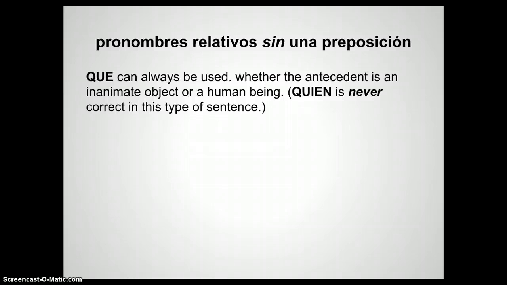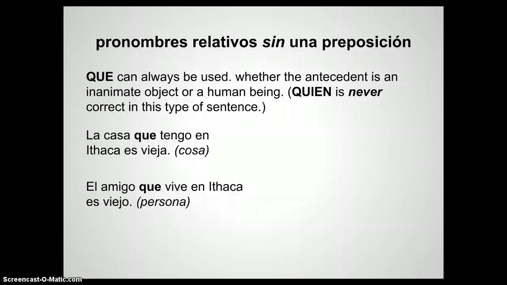So, pronombres relativos sin una preposición. Que can always be used whether the antecedent is an inanimate object or a human being. You can never use quien in this case. Por ejemplo, la casa que tengo en Ítaca es vieja. So there we have a thing, una cosa. El amigo que vive en Ítaca es viejo. Es una persona.